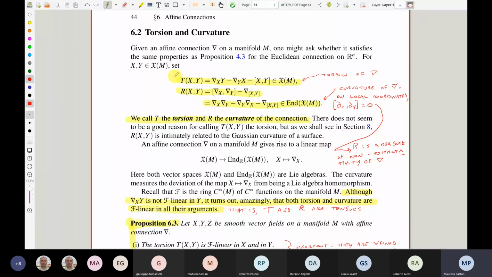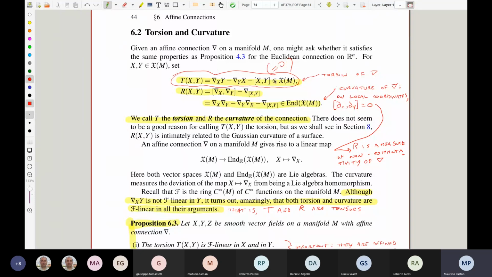Well, I can take the torsion. The torsion, what is it? Well, for the directional derivatives in Rn, I have seen that there is some vector field which was 0, but here, do you have any reason to think this is 0 in general?